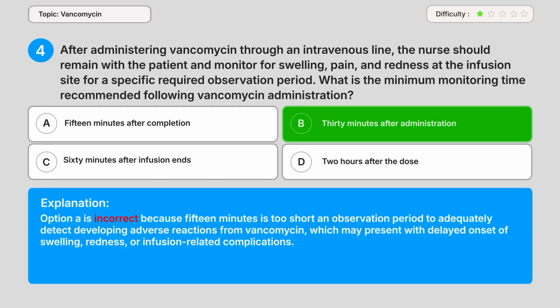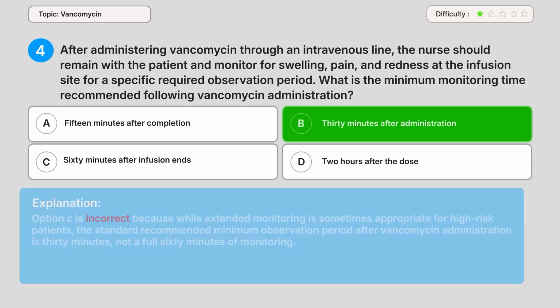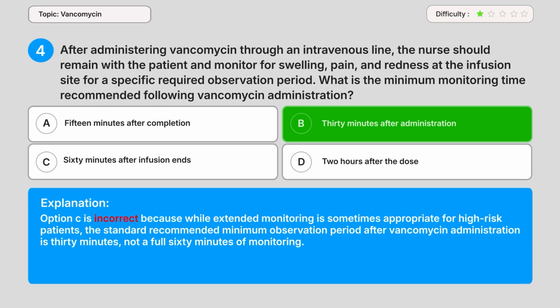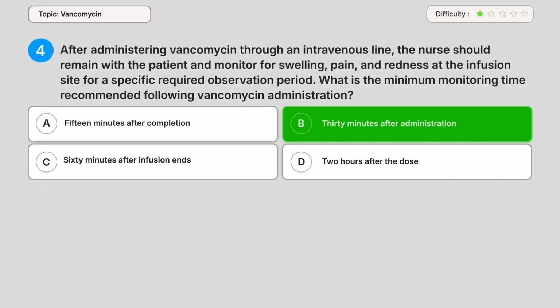Option A is incorrect because 15 minutes is too short an observation period to adequately detect developing adverse reactions from vancomycin, which may present with delayed onset of swelling, redness, or infusion-related complications. Option C is incorrect because while extended monitoring is sometimes appropriate for high-risk patients, the standard recommended minimum observation period after vancomycin administration is 30 minutes, not a full 60 minutes of monitoring.